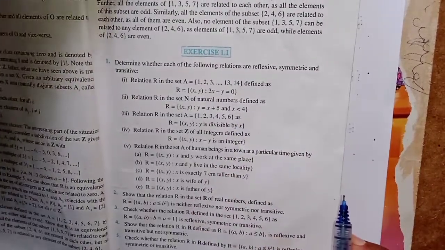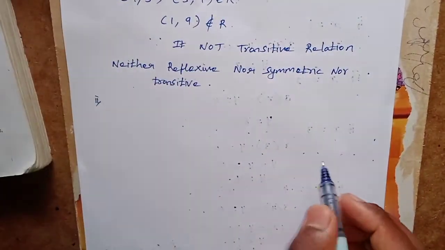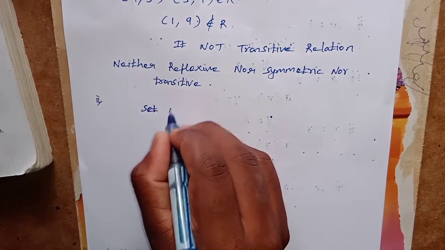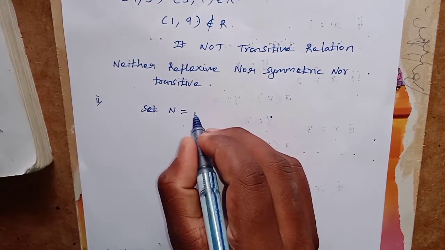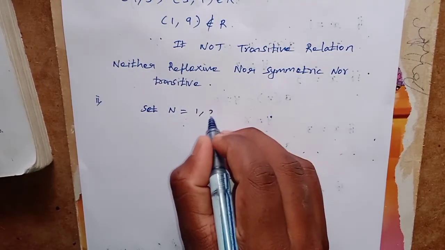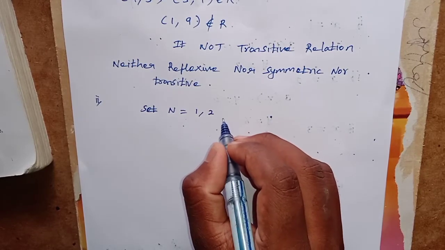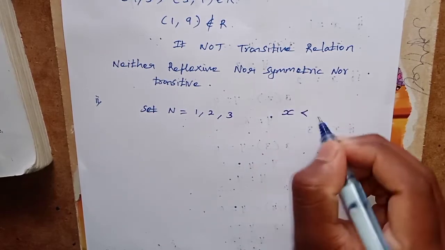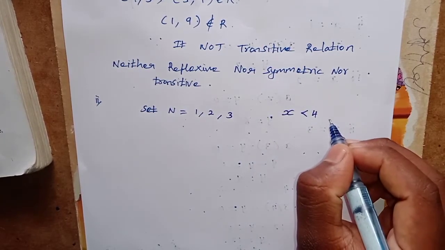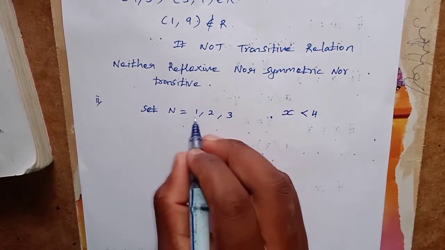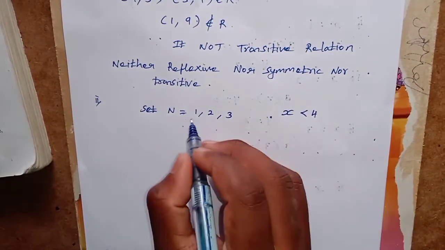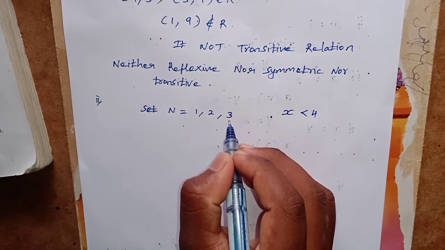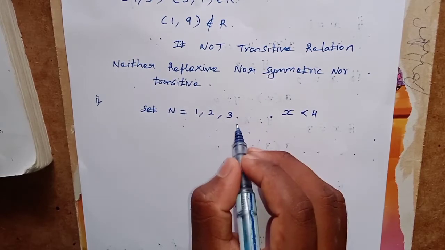Now we can see, set N natural numbers starts from 1, 2, 3 here because x less than 4. You have to take the values less than 4. Natural numbers start from 1, 2, 3. You should not take 4.